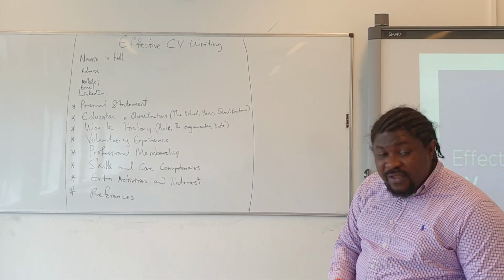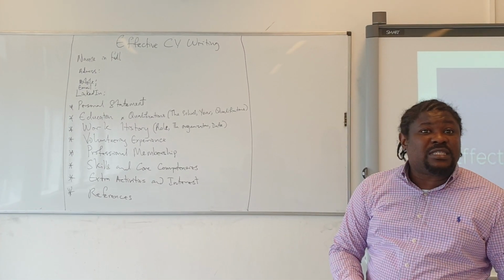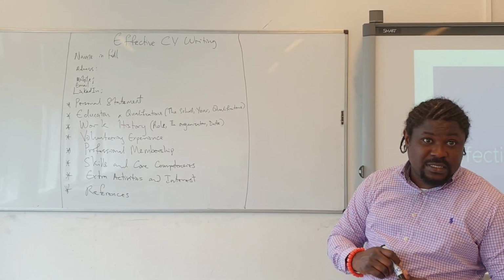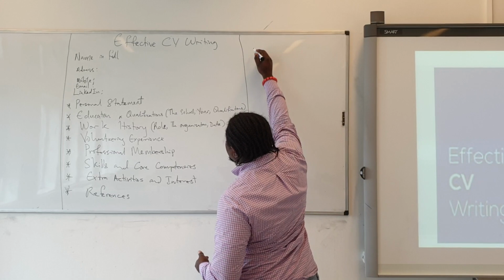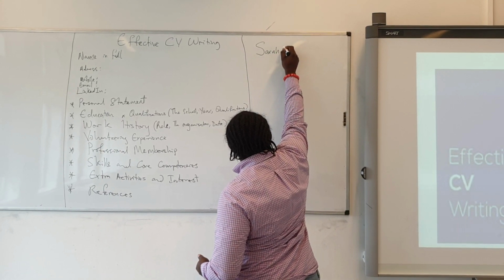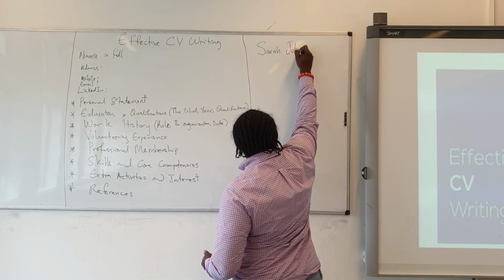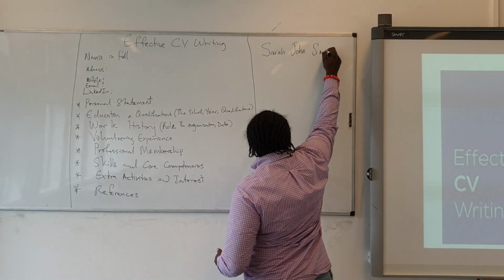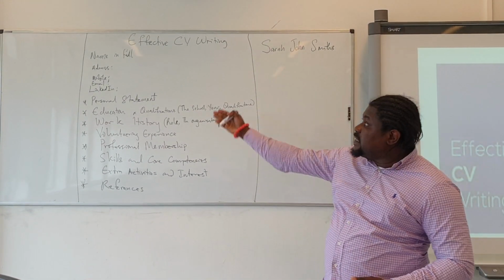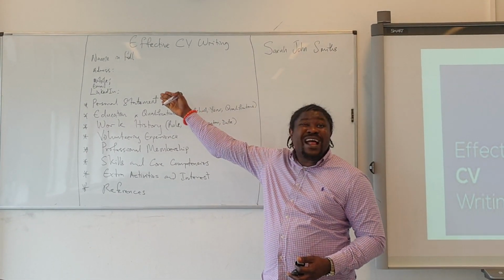On your CV you want to have your name. Let's form a name now, and that name will be Sarah John Smith. Your name would be the first thing to see on your CV, and that's it. The next thing there, ladies and gentlemen, would be to have your address.